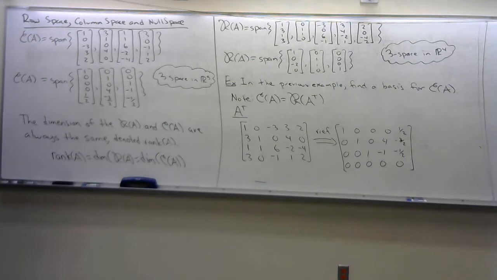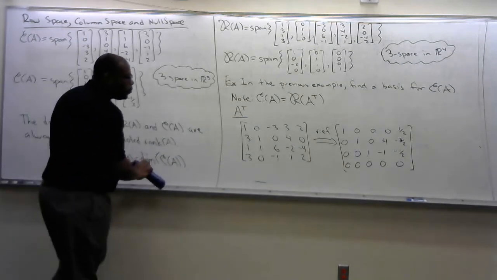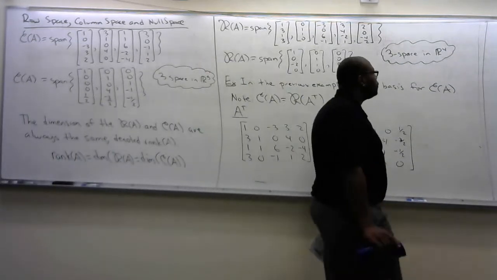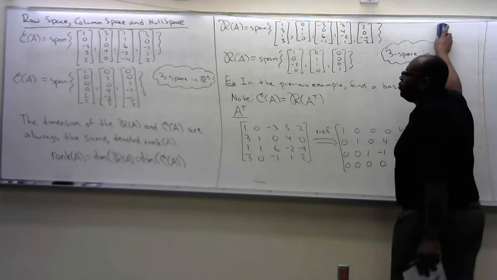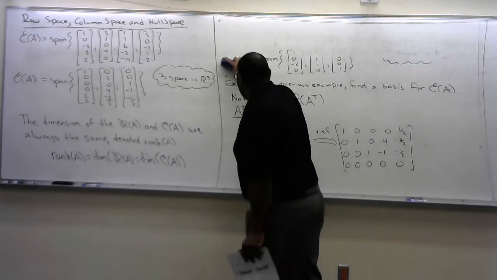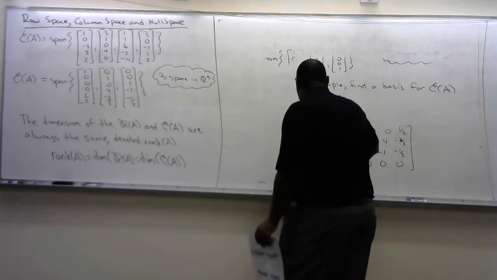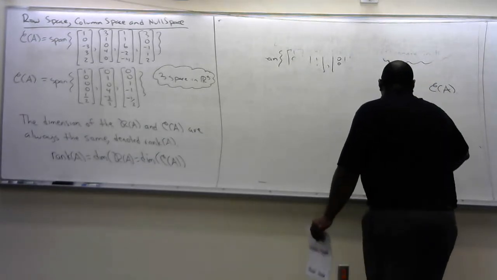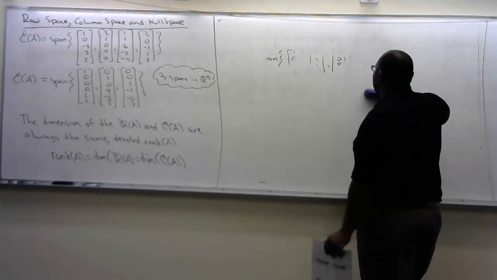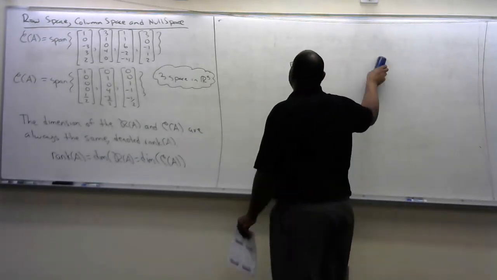Okay. Before we go to null space of A, let's look at an application of the row space. Why is it useful?